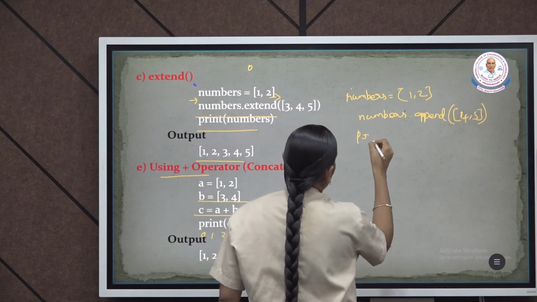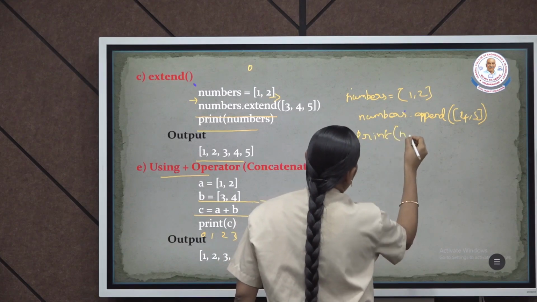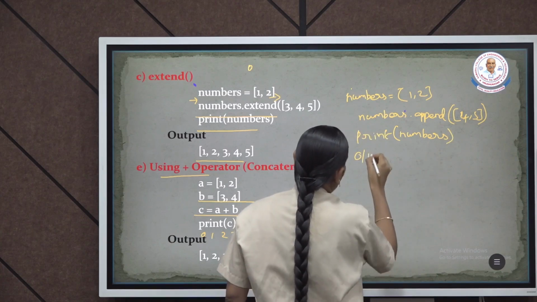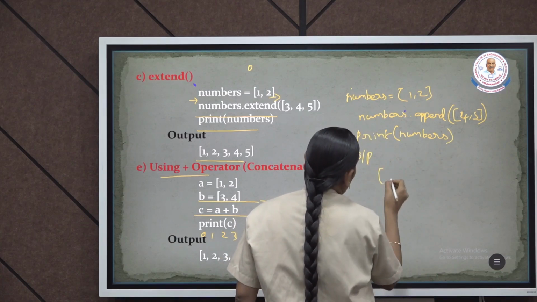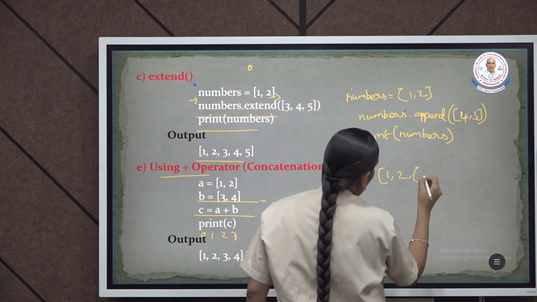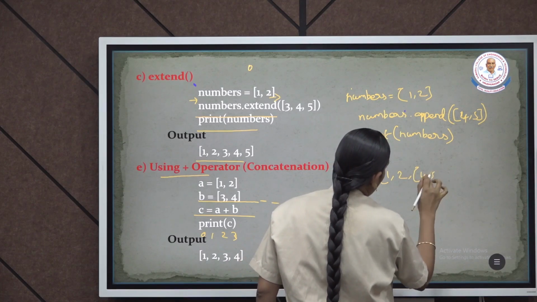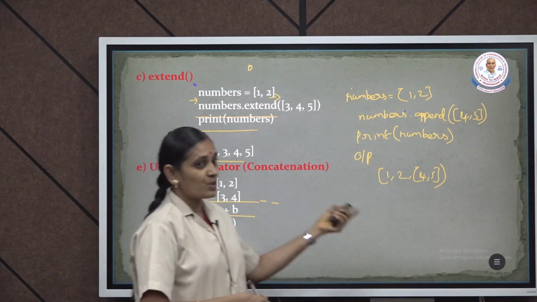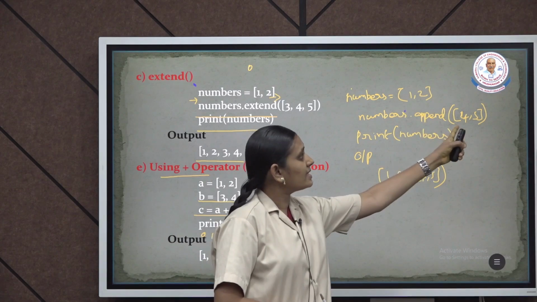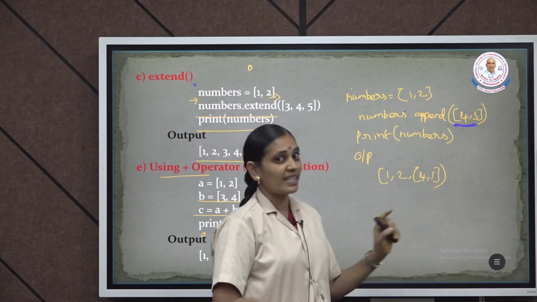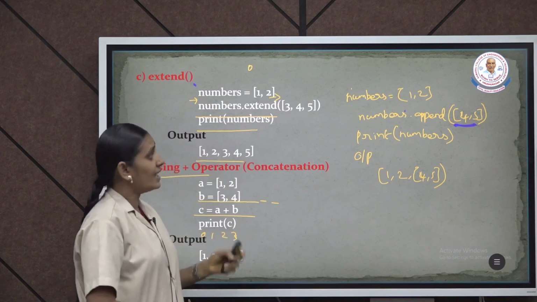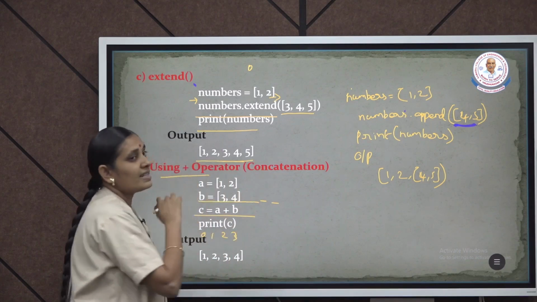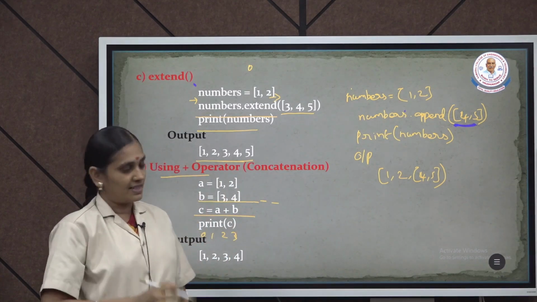After printing this, the output will be like this: 1, 2 and 4, 5. We can also add multiple elements using the append keyword, but it considers this value as a single element, not as individual elements. But using the extend keyword, we can add multiple elements, and it considers every element as an individual element. So this is the main difference between the append keyword and the extend keyword in a list.